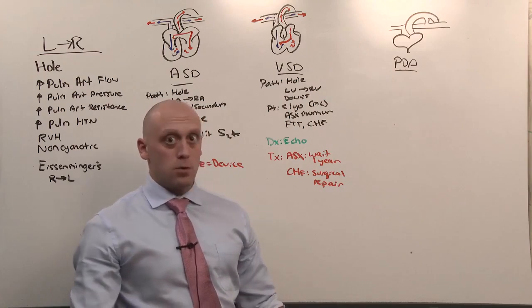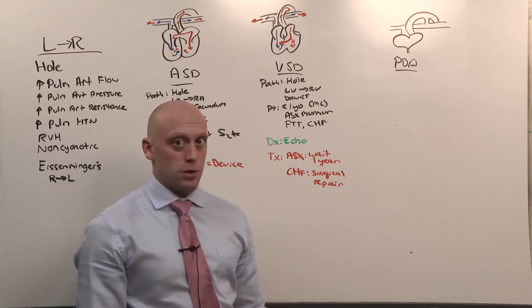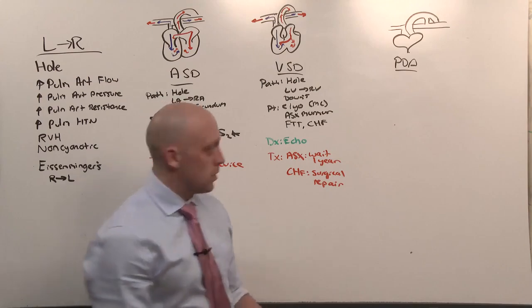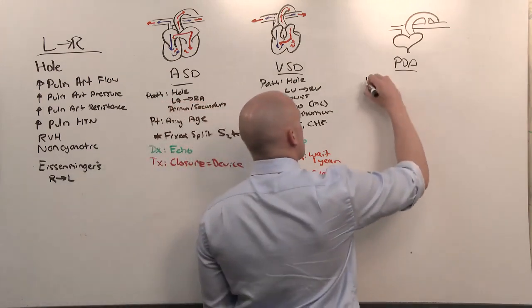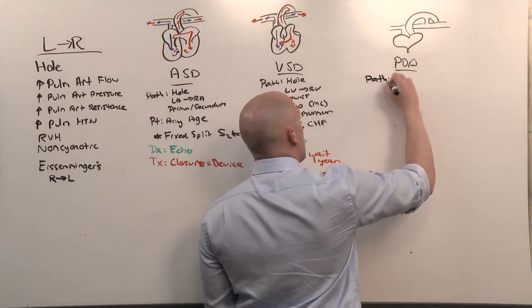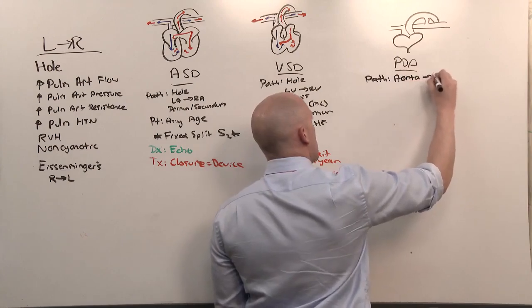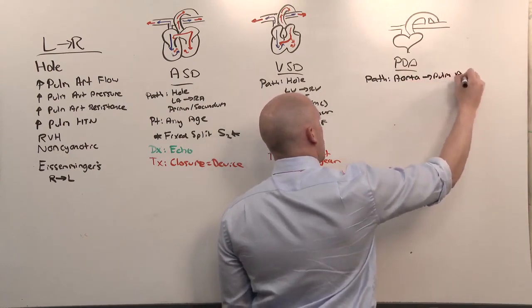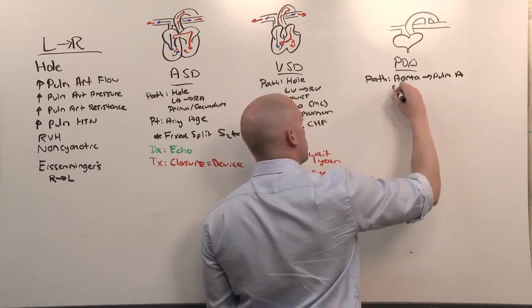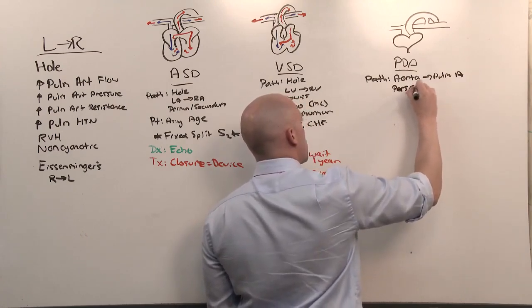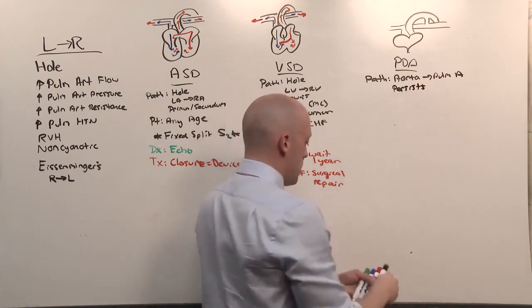Once baby comes out, we want oxygenation to occur in the lungs, so that should close. Well, a patent ductus arteriosus is a connection between the aorta and the pulmonary artery, which persists. It's not supposed to, but it does.